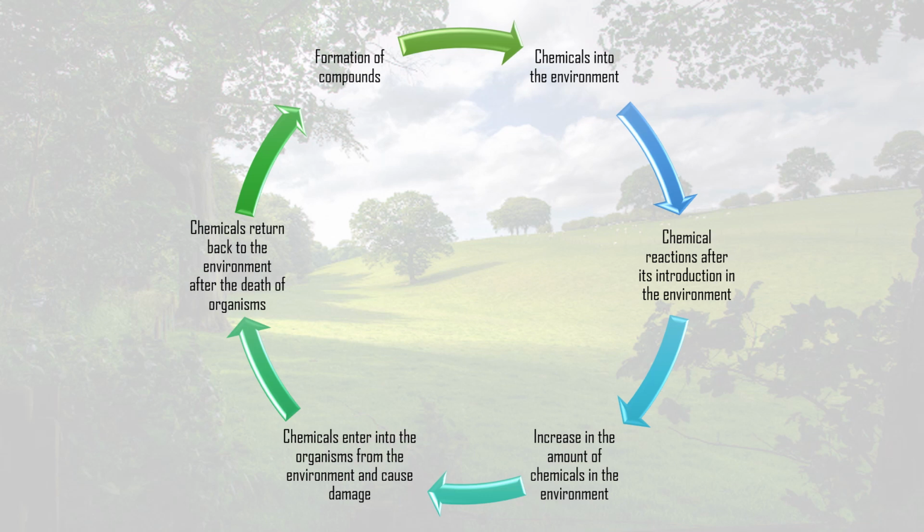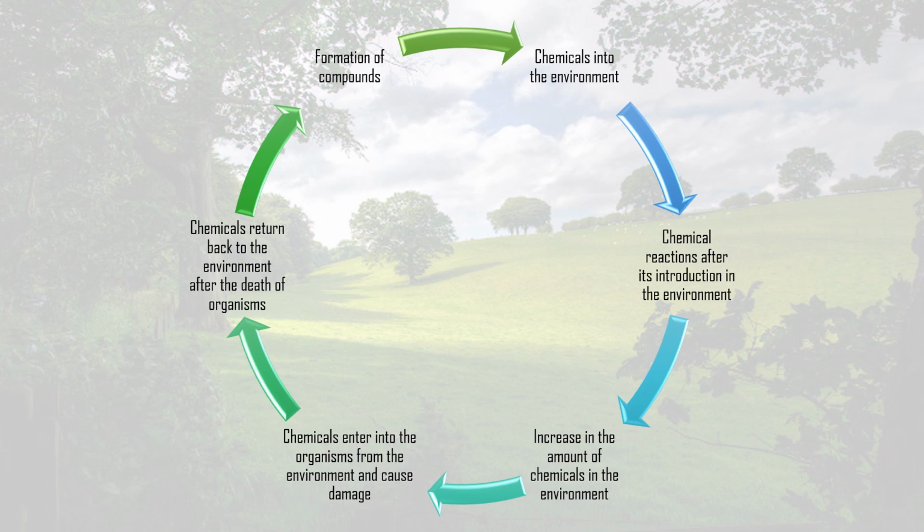Now this is the cycle in which first there is the formation of compounds, meaning chemical compounds. Then the chemicals get introduced into the environment. Then in the environment, chemical reactions take place, meaning some compounds mix with other compounds or molecules to form new compounds, which will either cause harm or be beneficial for the environment.